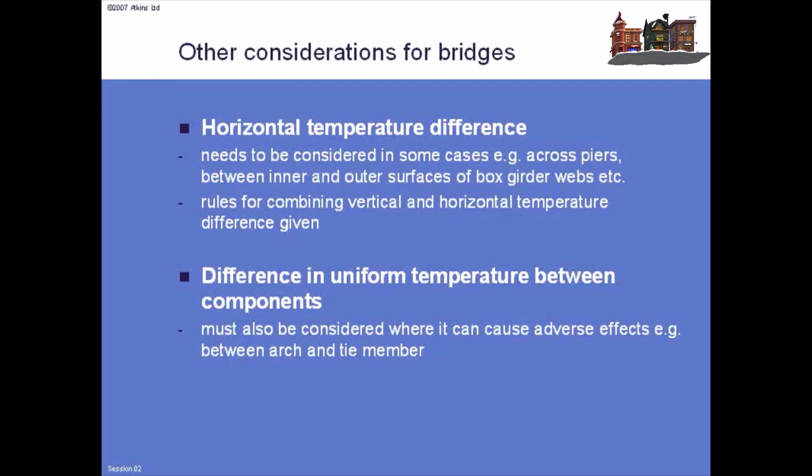So with BD37, you would have been within your rights to just put the same temperature on it, let the whole thing expand. Well, the Eurocode says in that sort of situation, you should consider a difference in the uniform temperature. So you might actually have the arch rib 10 degrees hotter than the deck. But it's pretty well set out and prescriptive as to when you do and don't need to consider that. So for a normal bridge, you wouldn't need to consider any difference in temperature between the different components. So things are really the same as they were before.